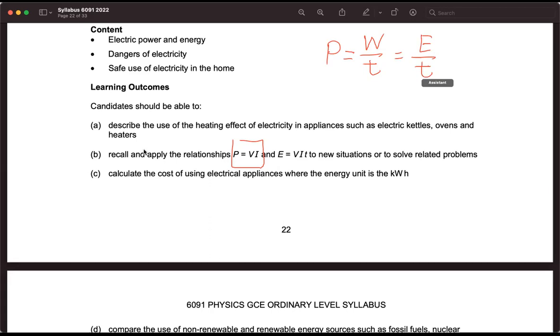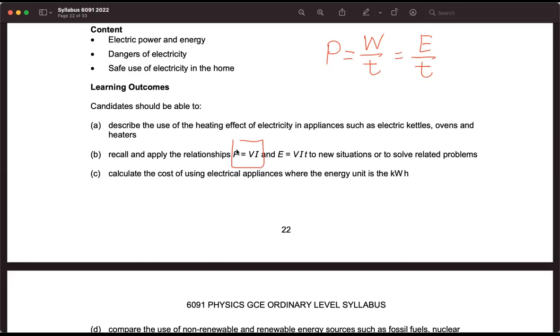Is that clear? So previously you have learned power is energy over time. In this topic, to calculate the power of an electrical component, you just need to multiply the V and the I, and you're able to calculate the power.